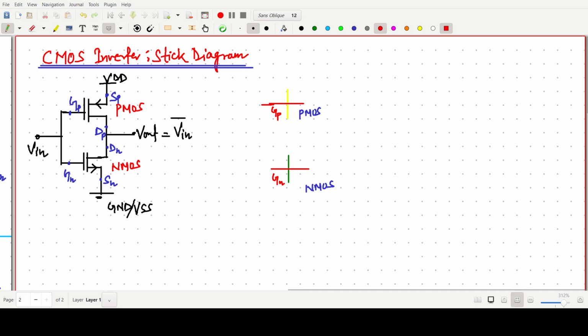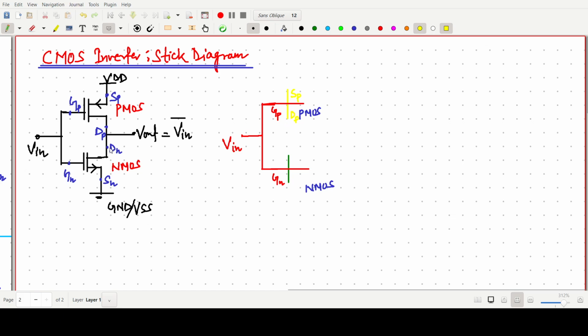As a layman, we can connect like this, and we can say this is our V in. And the above one, we can say, is the source of P terminal and drain of P terminal, because this line is source, then source and drain.